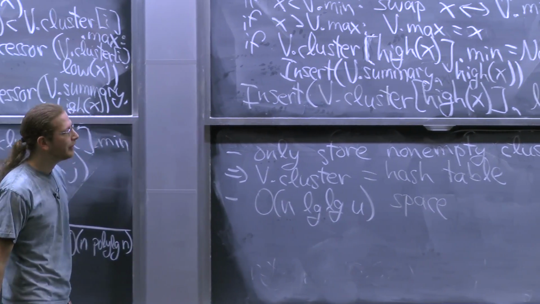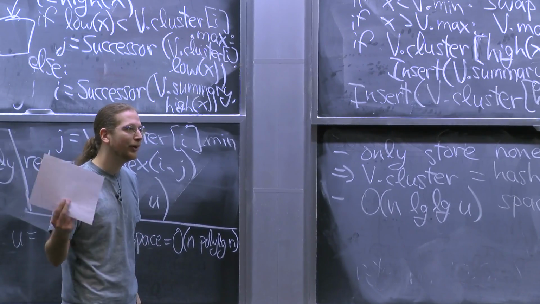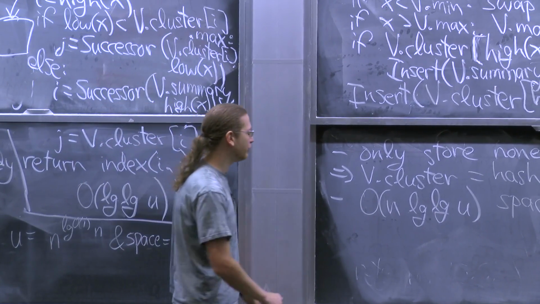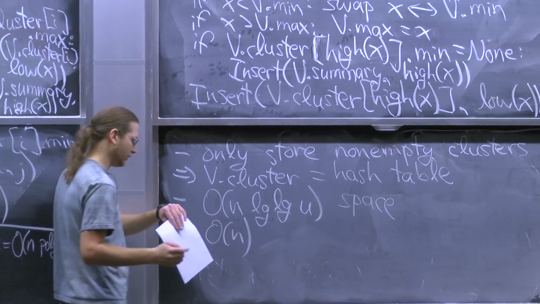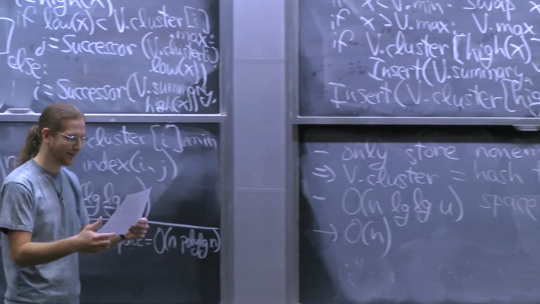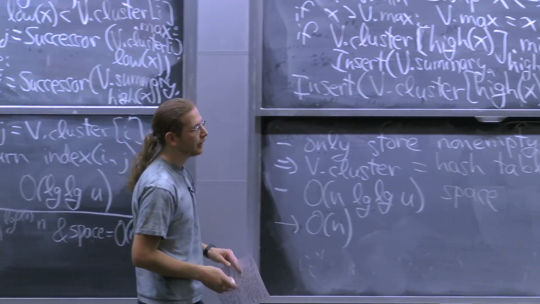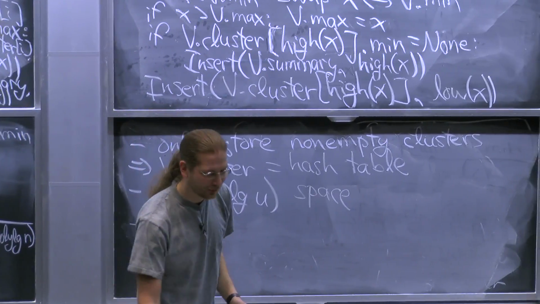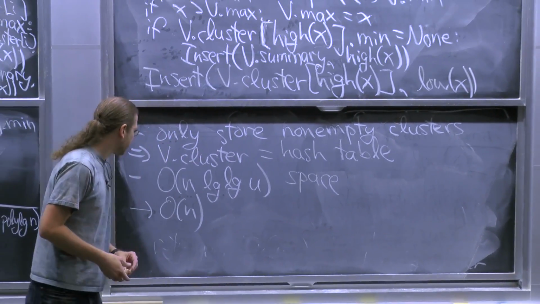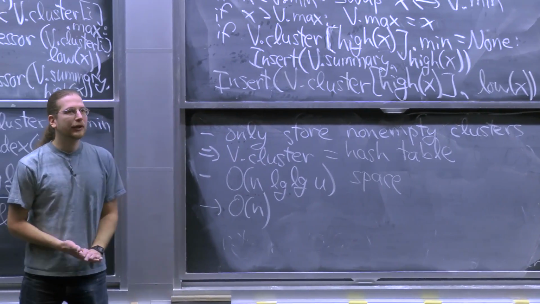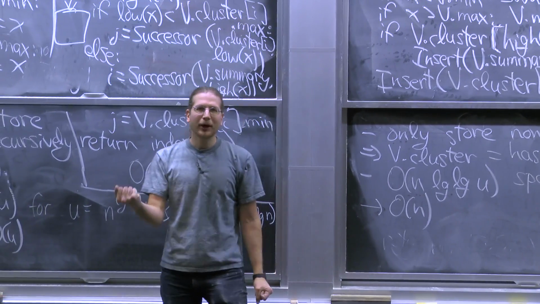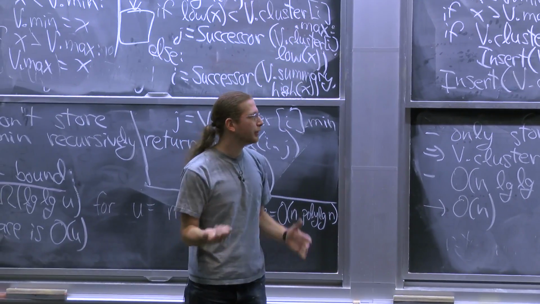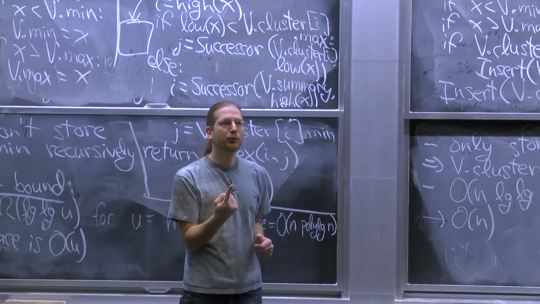It's kind of annoying. There is a fix, which is in my notes. You can read it, for reducing this further to order n. But OK, I have 30 seconds to explain it. You're not responsible for knowing it. This is just in case you're curious. The idea is, instead of going all the way down in the recursion, normally you stop the recursion when you have u equals 1.